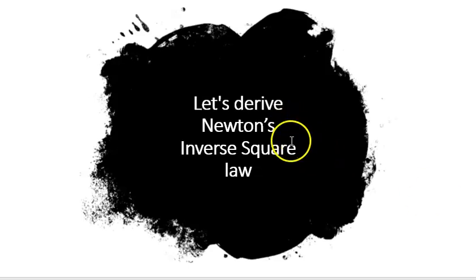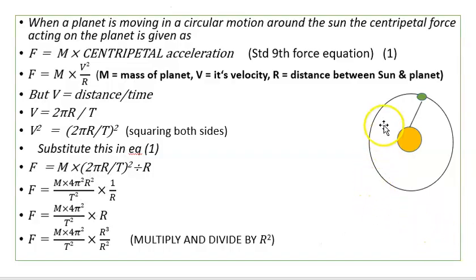Let's derive Newton's inverse square law. When a planet is moving in a circular motion around the sun, the centripetal force acting on the planet is given as F is equal to m into centripetal acceleration.